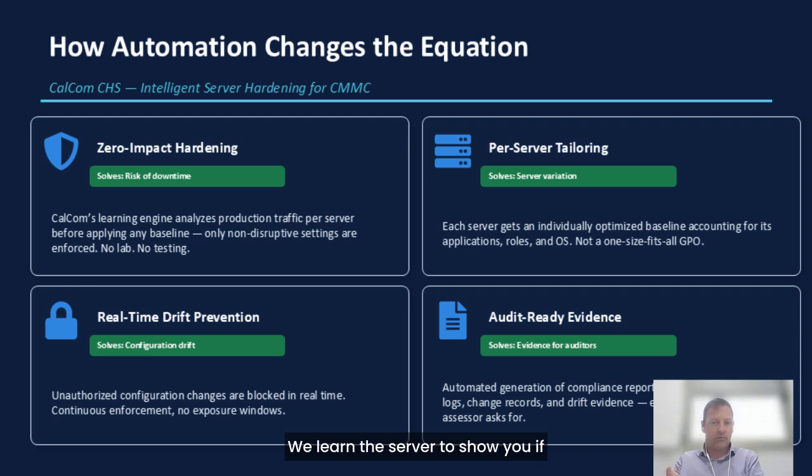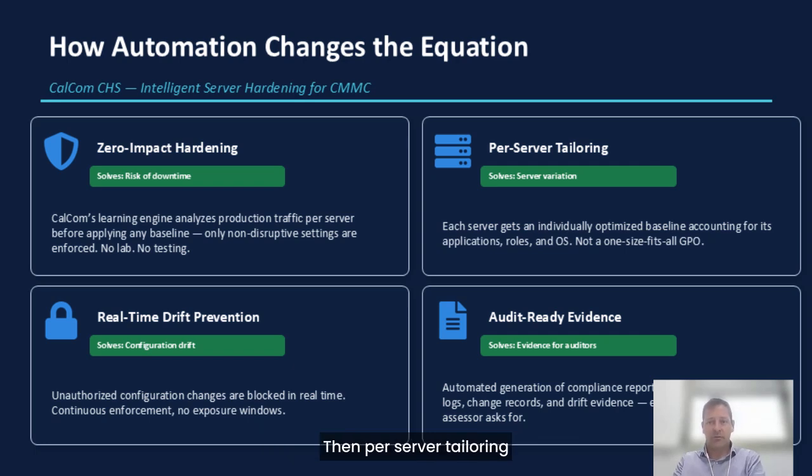We learn the server to show you if there is going to be any impact before the configuration change is happening on the servers, and only then the enforcement is done, taking into account only the settings that won't have any impact, won't break anything in production. So zero impact hardening is extremely important when it comes to critical environments.